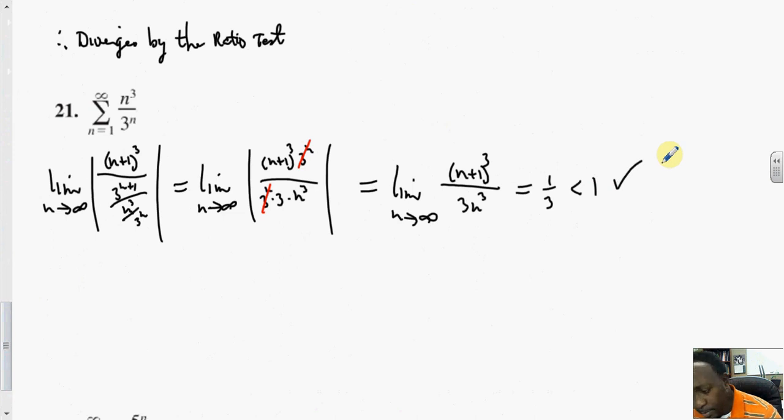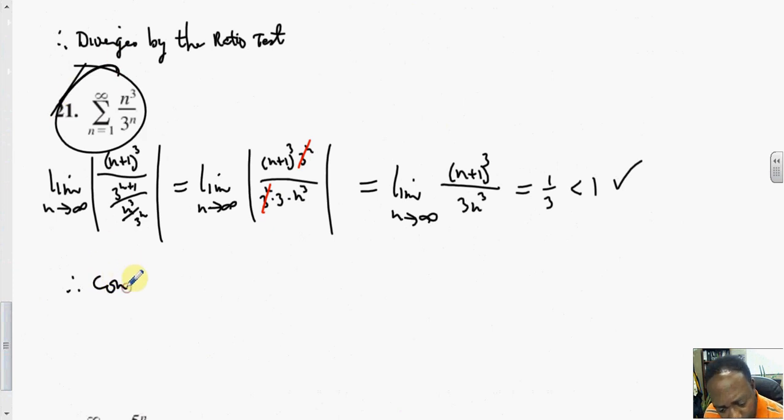It's less than 1. Bingo. So that gives us here that this series converges, by the ratio test.